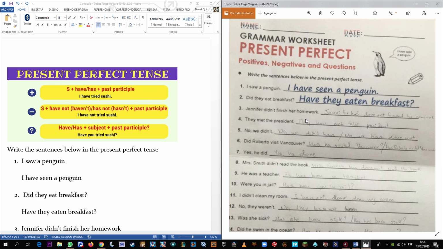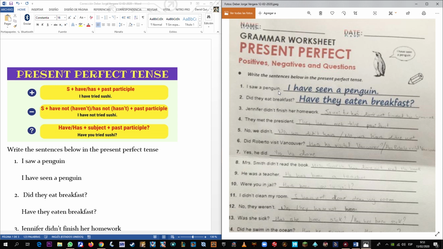The first sentence says, I saw a penguin. This sentence is in simple past, and to create a sentence in present perfect, we have to first notice if the sentence provided is in a positive, negative, or question form. In this case, I saw a penguin is a positive sentence because we don't have an auxiliary verb or a negative word.